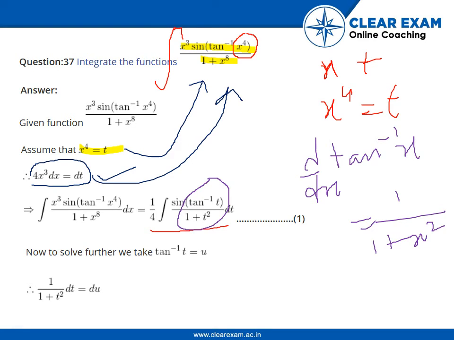So we assume tan inverse t as u, since we already have a t variable. Differentiating on both sides, we get 1 upon 1 plus t raised to the power 2 dt is equal to du, and now we make our substitutions.